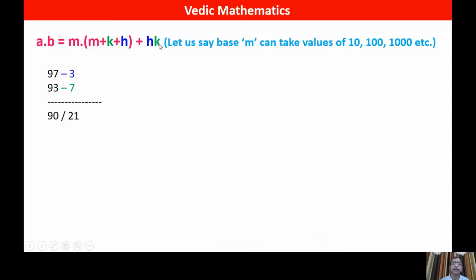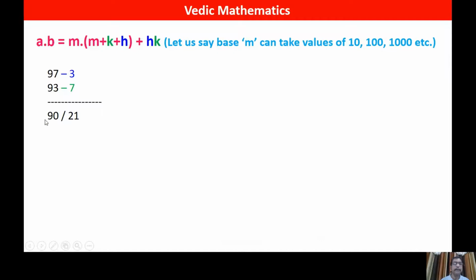Very easily you can multiply 7 into 3, but both are negative, so the product becomes positive. So you add it to 9000, and in the ones and tens positions this 21 will come. So the answer will be 9021. How to get 90? Once again I will repeat it.